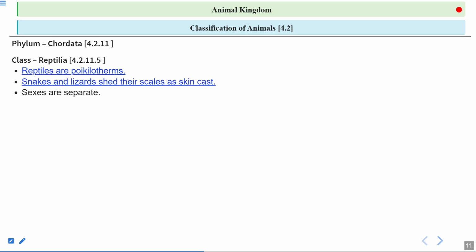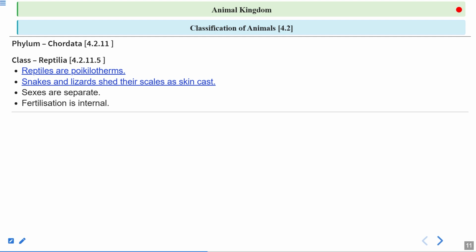Sexes are separate, as in the case of amphibians, there is a male individual and a female individual, right? So here also in the case of reptiles, their sexes are separate. Fertilization is internal. Very, very important point.